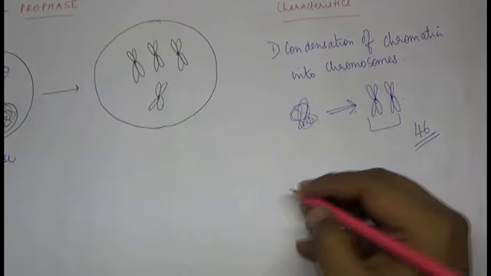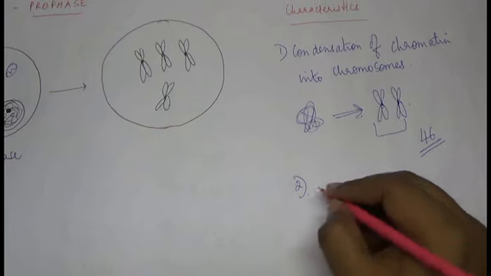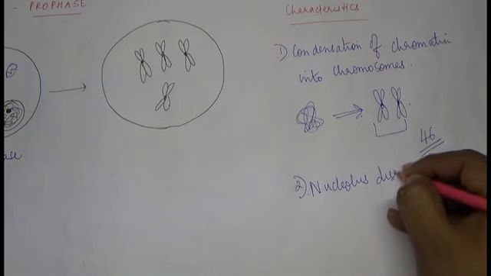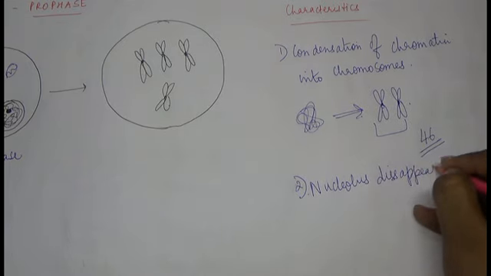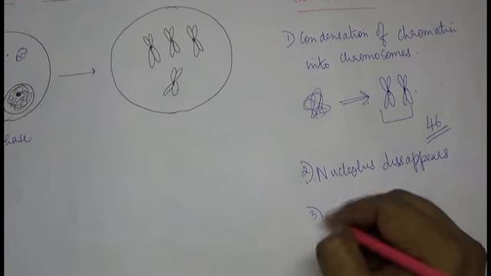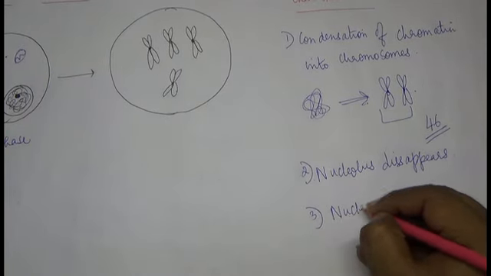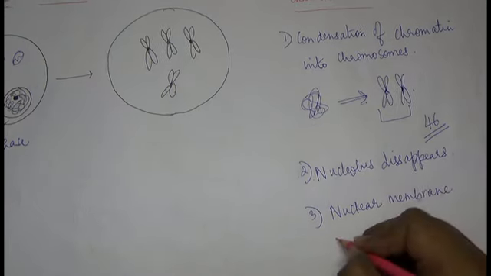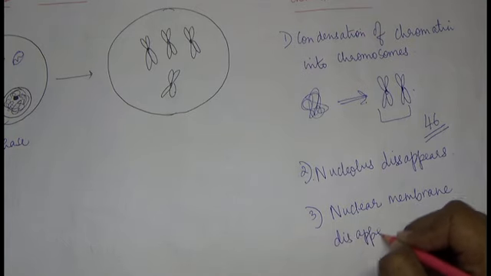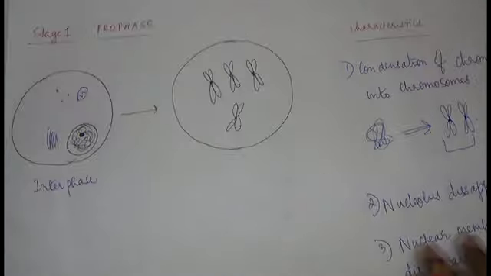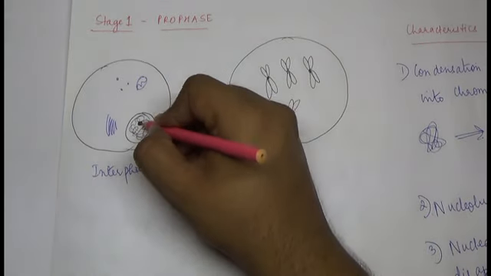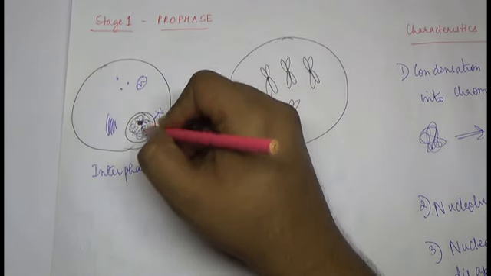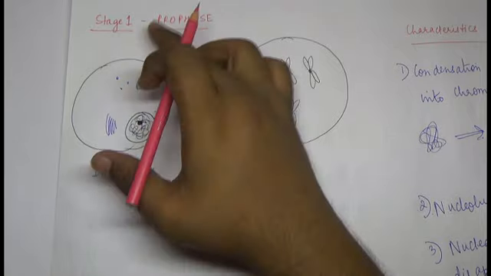The second change you will see is the nucleolus disappears. Third change, the nuclear membrane disappears. So as you can see, if the nucleolus is disappearing and the nuclear membrane is also disappearing, all the constituents of the nucleus will come out into the cell.